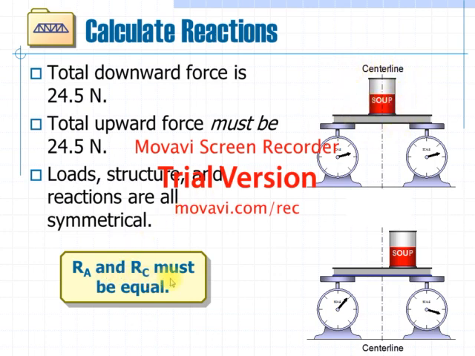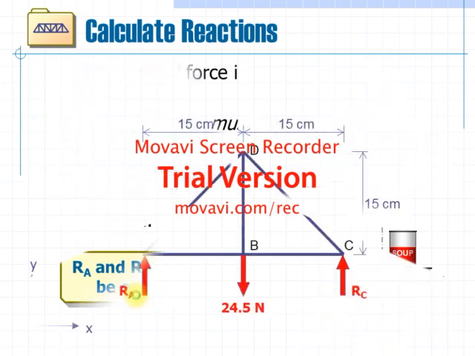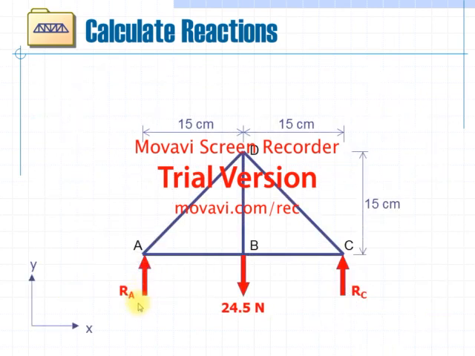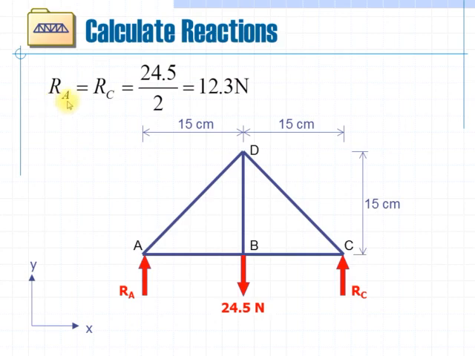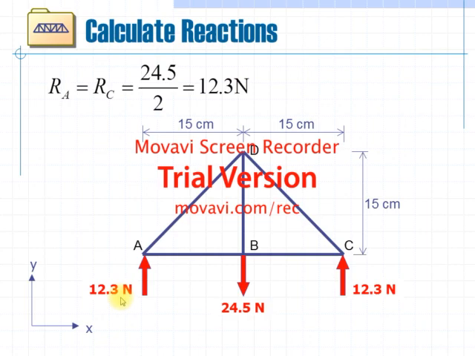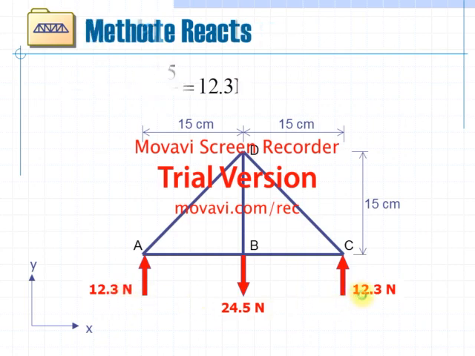Therefore, RA and RC must be equal. RA is equal to RC is equal to 24.5 divided by 2, which is 12.3 Newton. Therefore, RA is 12.3 Newton and RC is also 12.3 Newton.